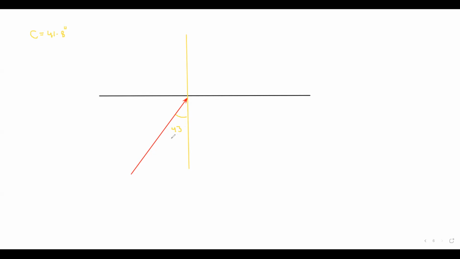So this 43, the angle of incidence, is more than the critical angle. So if the angle of incidence is more than the critical angle, then what we will observe, there will be no refraction.